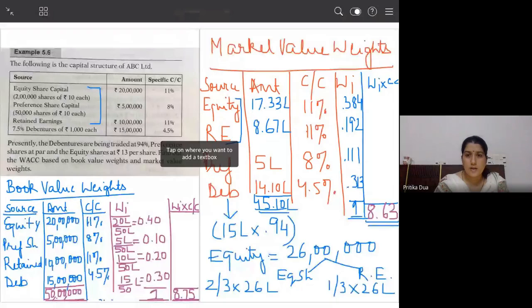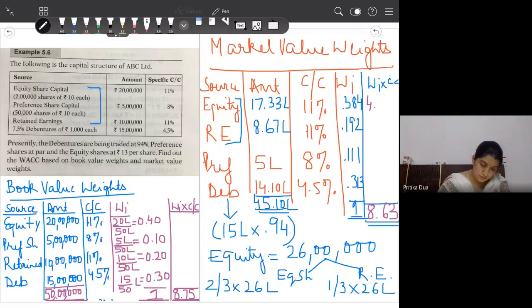It is not 9.6. Garima, you also check your calculation. No, it won't be 9.6. I'll solve. I'm making some mistake. 4.224.